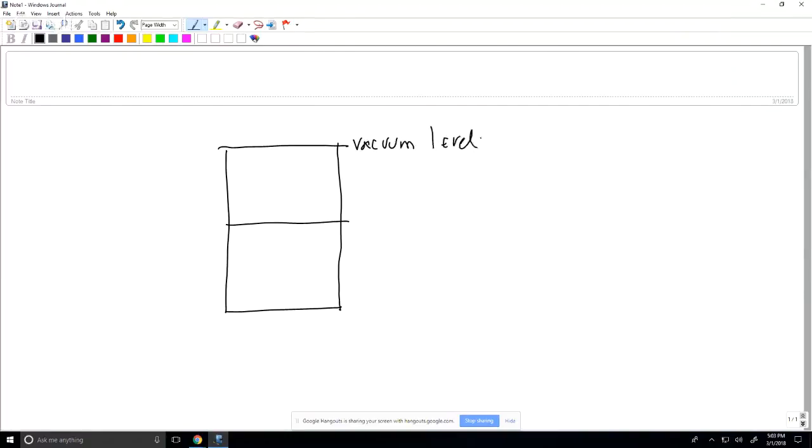Any energy levels above it are outside the metal. The bottom of the valence band is usually fixed at 0, and the top of the band where all the electrons are filled is called the Fermi level. These levels are all full, and these levels are empty.